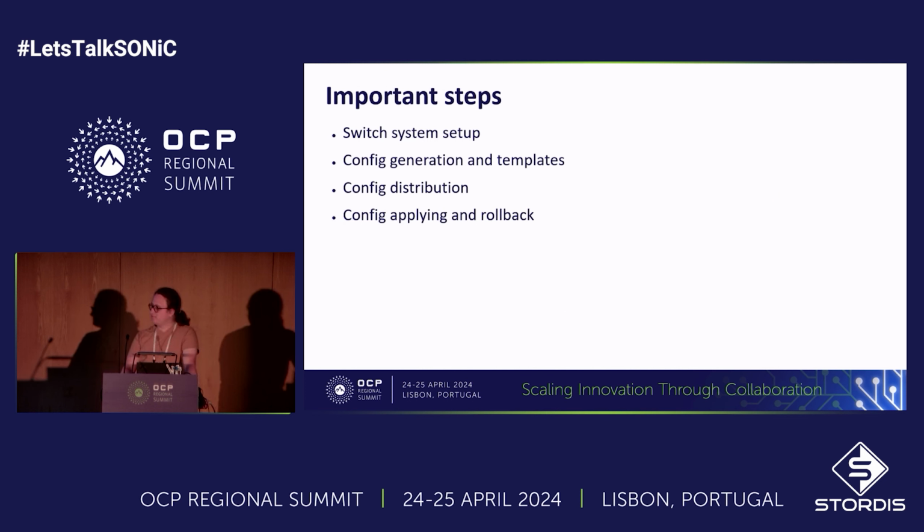There are 4 steps that I want to cover. There's setting up of the system, which I will talk about at the end. There's config generating that will be put on the repo. There's the problem of config distribution from the repo to the switches, and of applying it and rolling it back if something breaks.